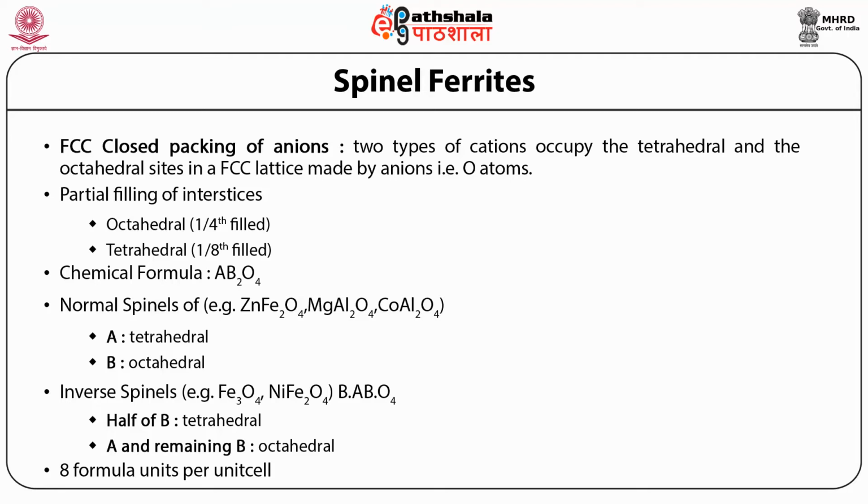In these, 50% of B cations occupy the tetrahedral sites and all A and the remaining 50% B cations occupy the octahedral sites. Hence, one can write the formula as A tetrahedral, AB octahedral, O4. For example, the spin arrangement of Fe3O4 is shown in the next slide.